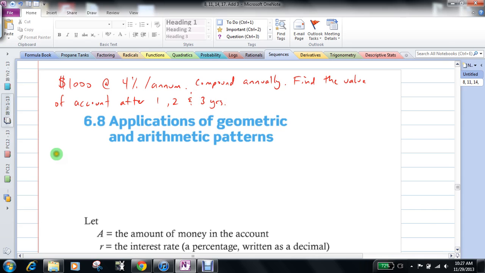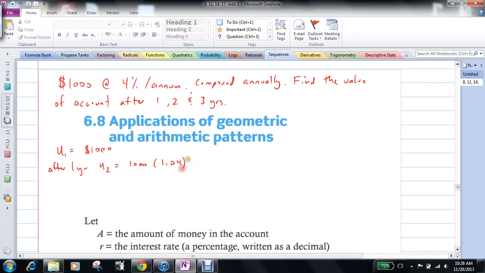If we treat this like a sequence, then we can consider U1, the value initially, to be $1,000. So after 1 year, in our sequence is going to be U2. So after 1 year, we have $1,000 that has been earning 4% interest.